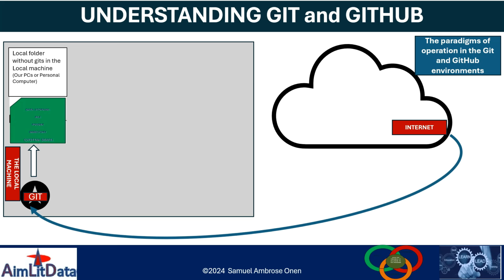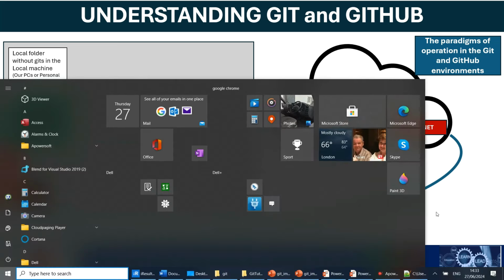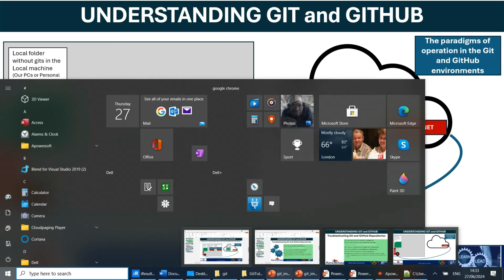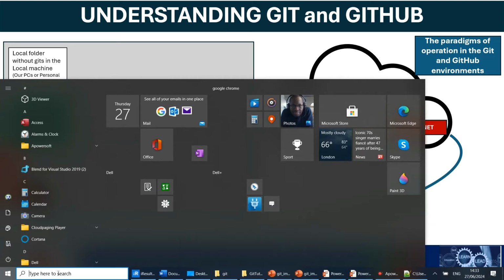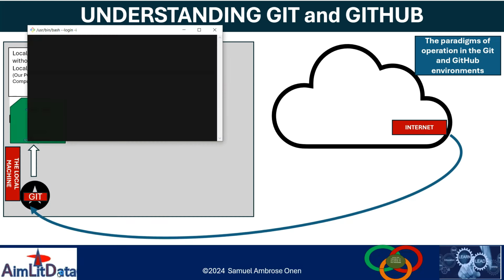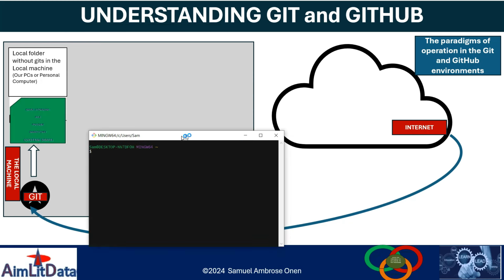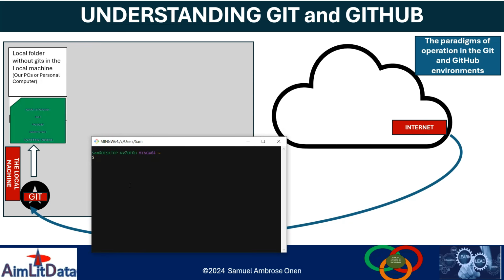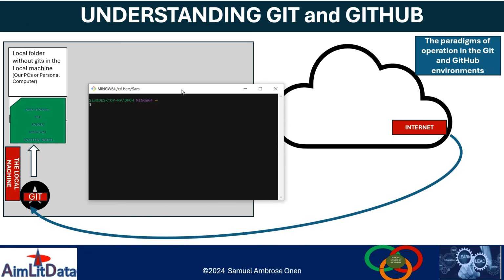Now we are left with only Git in our system. To verify that, we can go to Git Bash. So this is what we are left with. We have cleaned the system, but the Git program is still there.